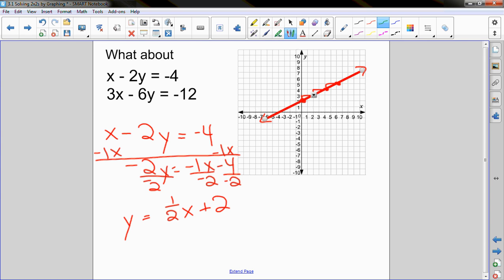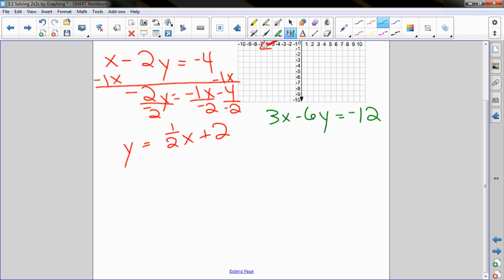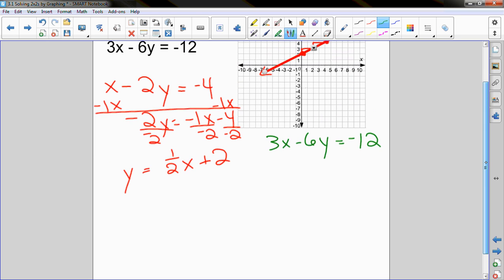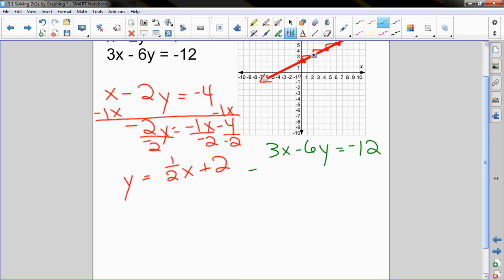Now, I'm going to do my 3x minus 6y equals negative 12. To solve him, what do I do? Good job. Subtract 3x from both sides. I'll do the easy part. Negative 6y equals.